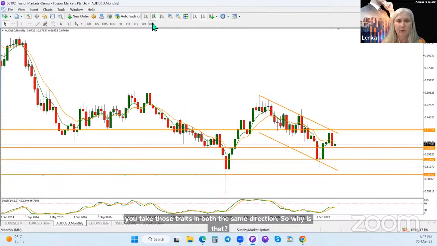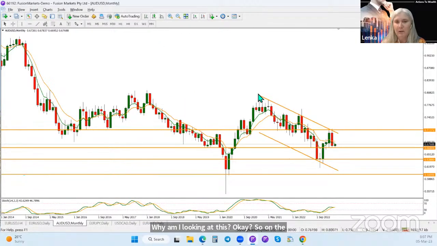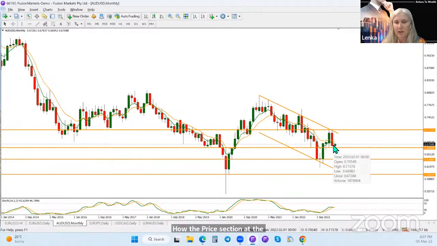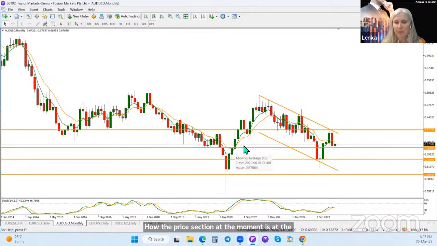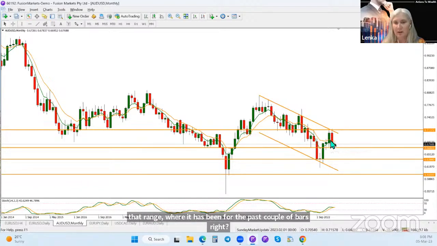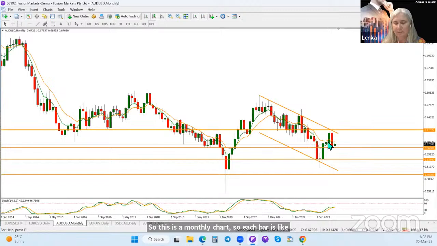Okay, so on the monthly, the Aussie has been going down, and really I want to be trading this short. However, the price action at the moment is at the bottom of that range where it has been for the past couple of bars. This is a monthly chart, so each bar is a whole month's worth of data.